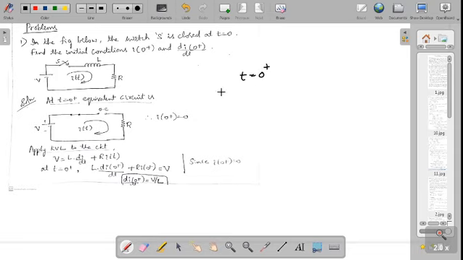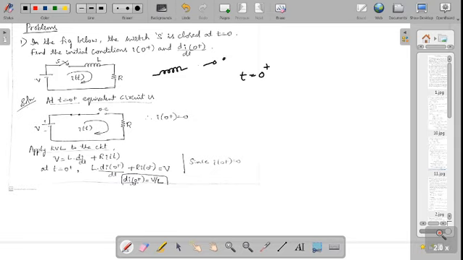At t equal to 0 plus, we just need to replace this circuit by the equivalent circuit. As I said, when the switch is closed, look over here, the switch is being closed. What happens at t equal to 0 plus? The inductor has to be replaced by an open circuit.